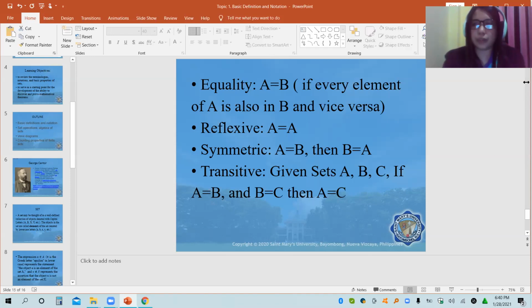So A is equal to A. For symmetric, as in our given example, if A is equal to 1, 2, 3, 4, and B is equal to 1, 2, 3, 4, by the symmetric property, A is equal to B, then B is also equal to A. If we add one more set, set C, which also contains elements 1, 2, 3, 4, then A is equal to B, B is equal to C, so A is also equal to C, and that is the transitive property.